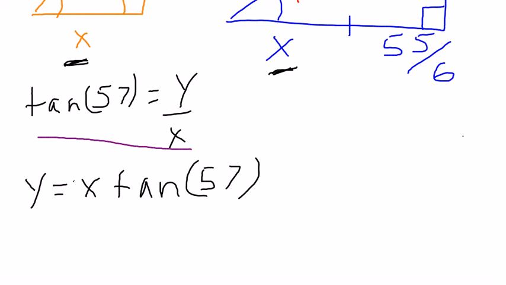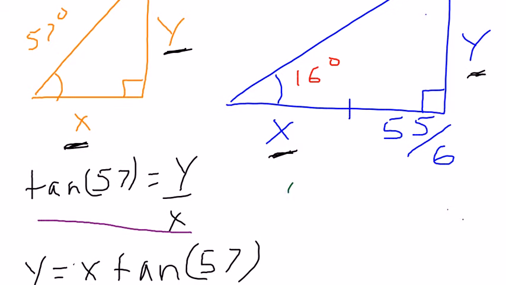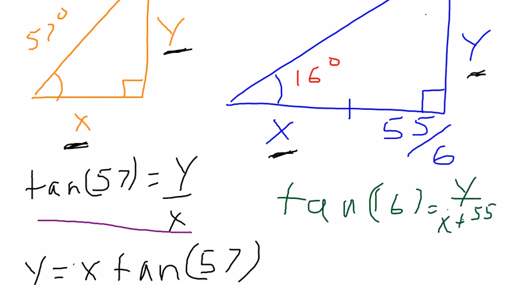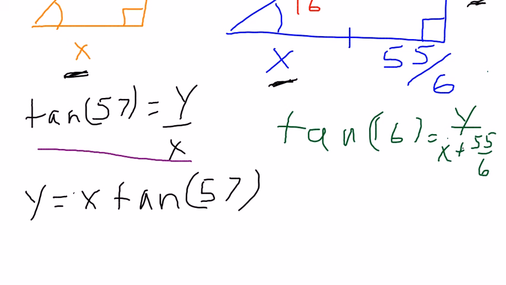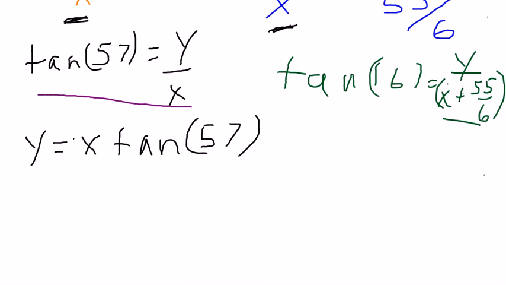Okay, the other equation would be tangent again. Tangent of 16. Okay, which would equal y over x plus 55 sixths. Okay. Solving for y, I'm going to multiply both sides by the denominator here. Okay, so hope you're able to follow this step.